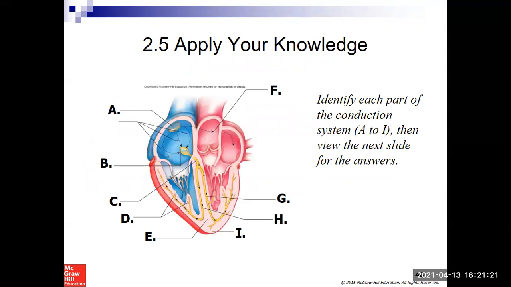Identify each part of the conduction system, A to I, then view the next slide for the answers. So we have A, B, C, D, E, F, G, H, and I. Do you remember?